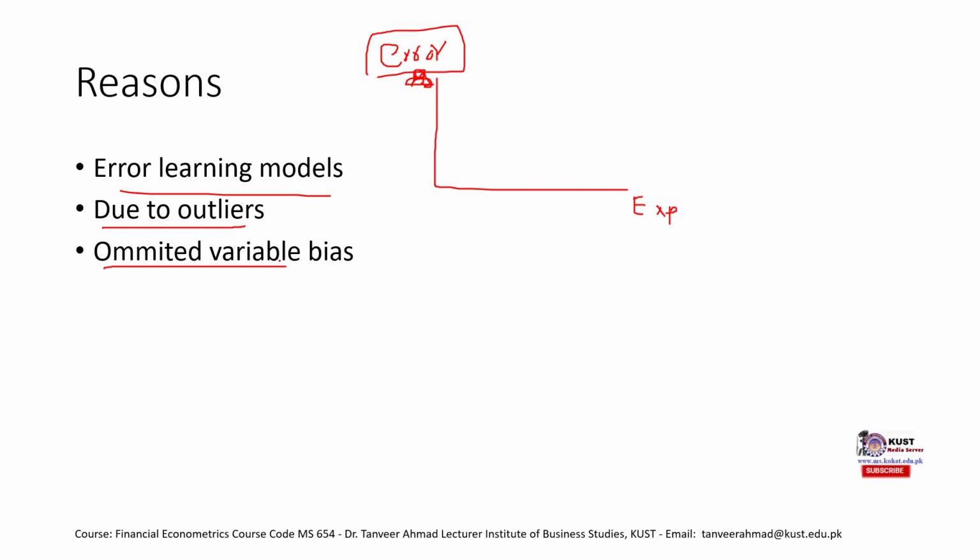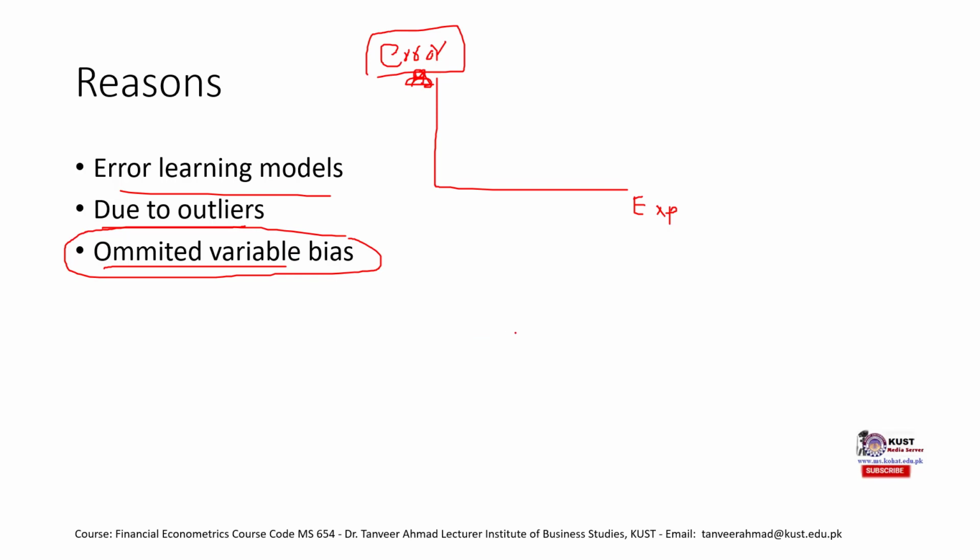If we omit that wealth variable, then we might see a heteroskedasticity issue in that model. And that heteroskedasticity issue is due to the omitted variable. If we input that variable back into the model, then this heteroskedasticity issue might disappear. So one of the reasons of heteroskedasticity might be an omitted variable.